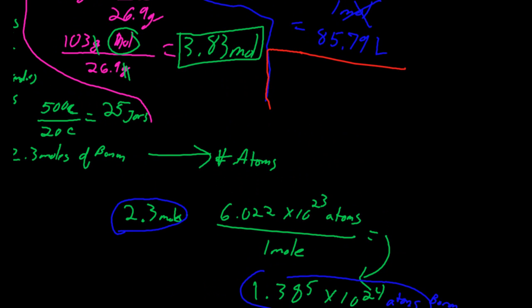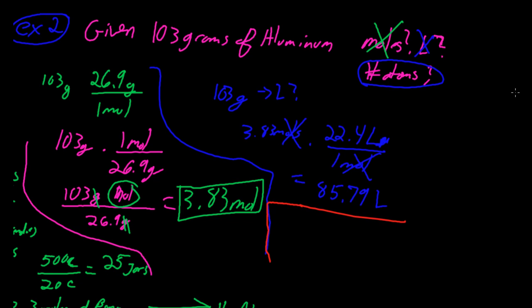is no. We must first go through moles, which we've already found. So it's always necessary to find the number of moles first before you go through anything else. But this number will allow us to travel through the mole road and find these other values.